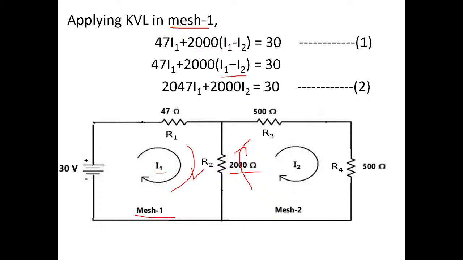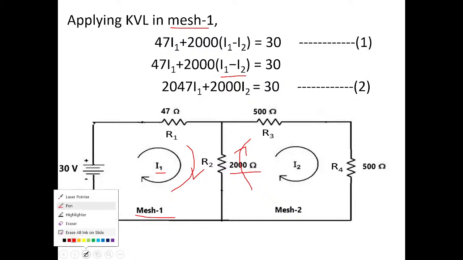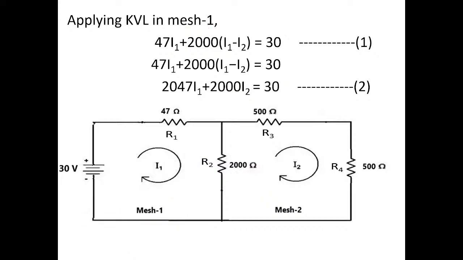Now in this loop, how many voltage drops are there? 2 resistors are there. This is one voltage drop, and this is another. So 47 into I1 plus 2000 into (I1 minus I2). Whatever I have written above is repeated here. Is equal to what?